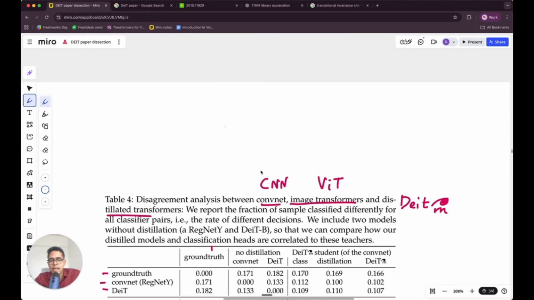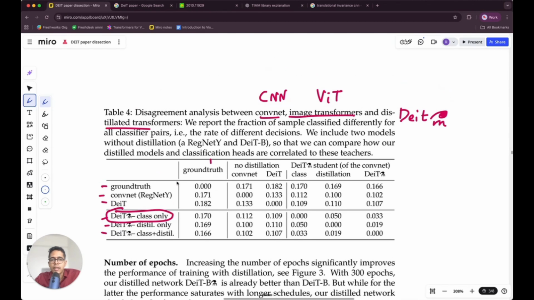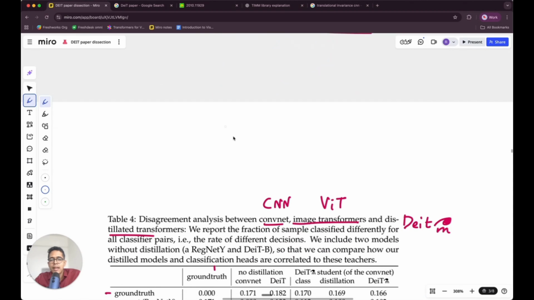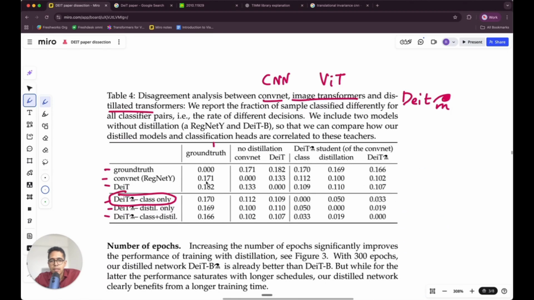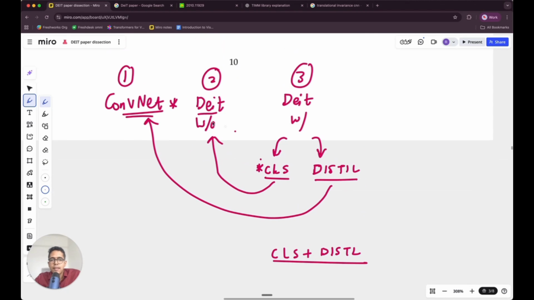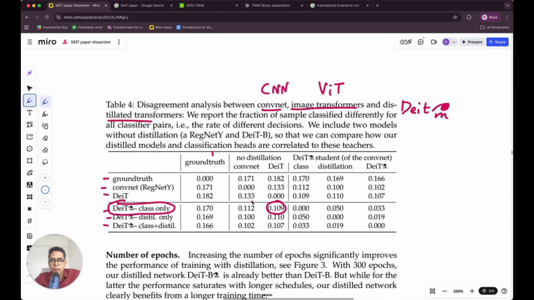So the CLS token is this, the one with the CLS token, and which item are we now looking at? We should look at the disagreement between that and just the DEIT. And what is just the DEIT? Just the DEIT is this column. So one is this item, that is the disagreement. Another item is with ConvNet. And where is ConvNet? ConvNet is this.